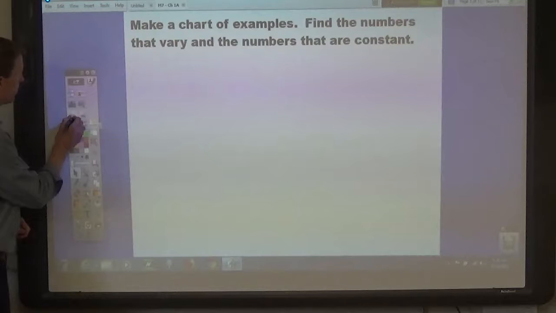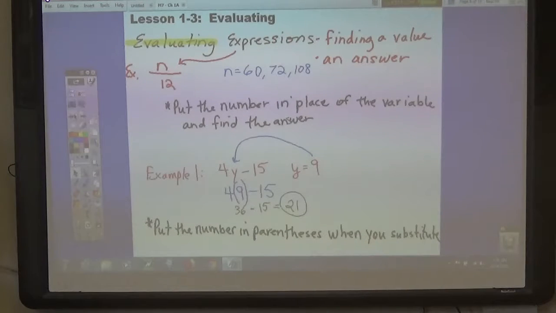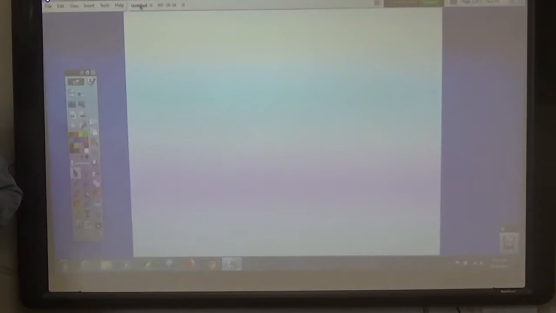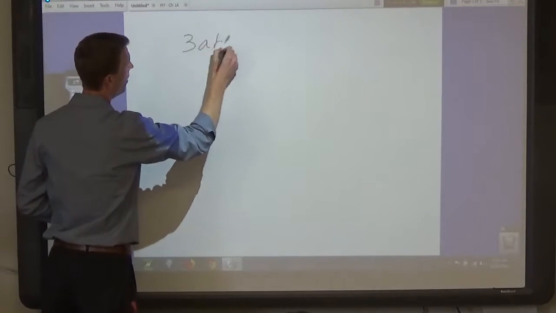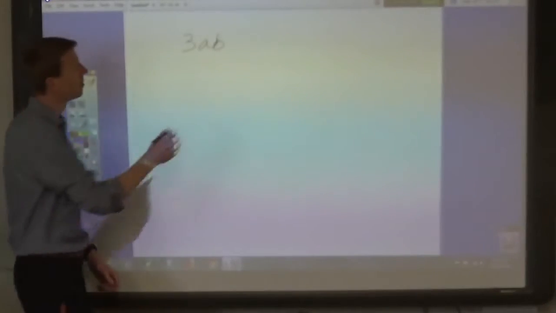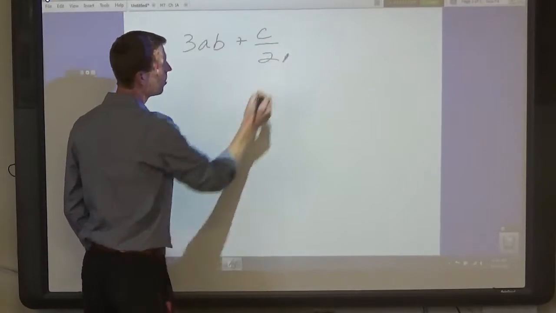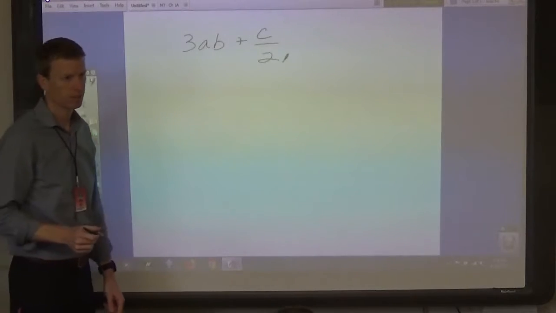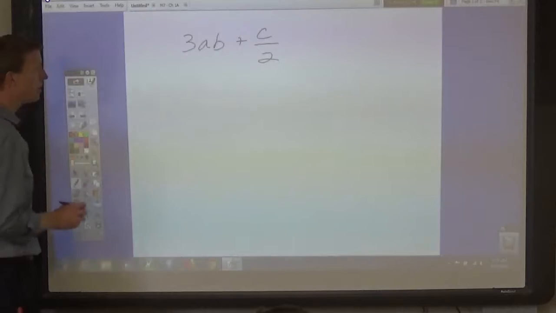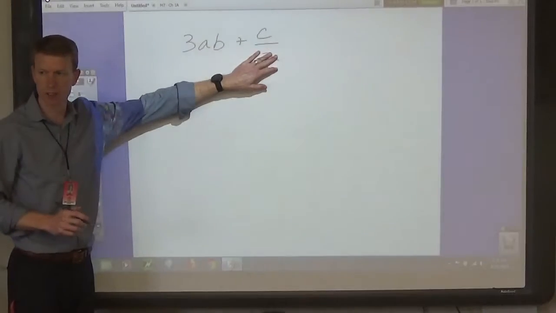All right, so let's look at a couple from your book. In example 2, there are multiple variables. 3ab plus c over 2. So just find this example in your book, page 14. And in this one, they give us a value for each of these variables.